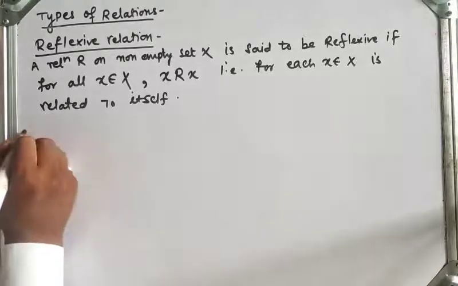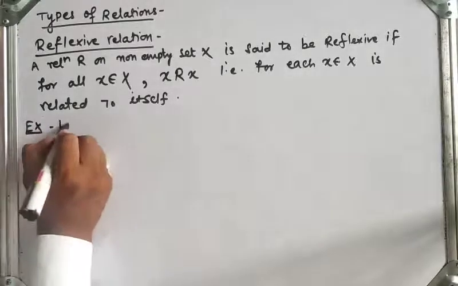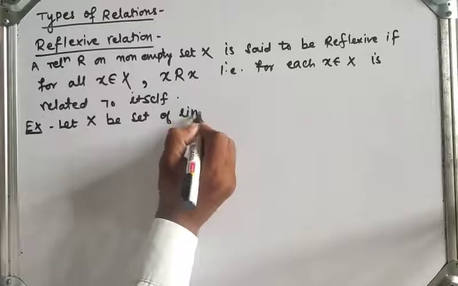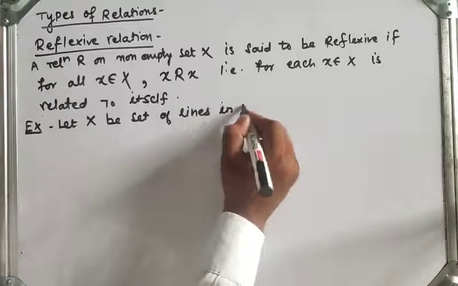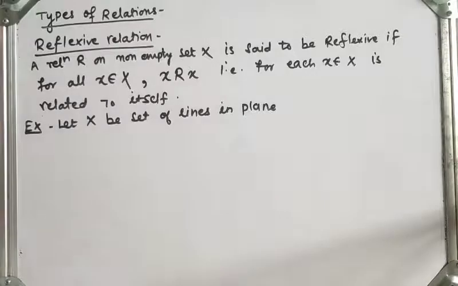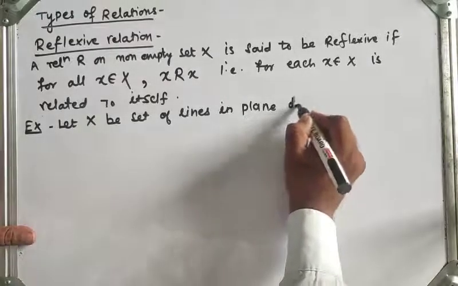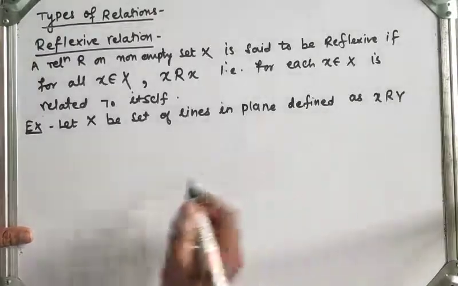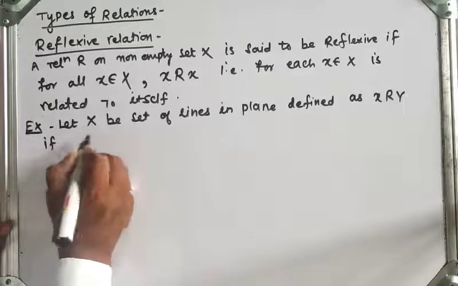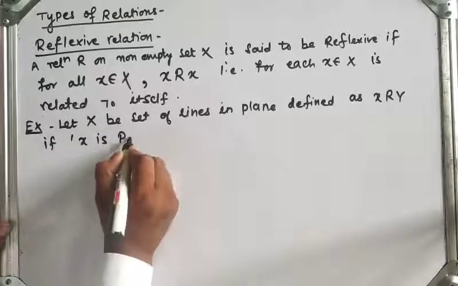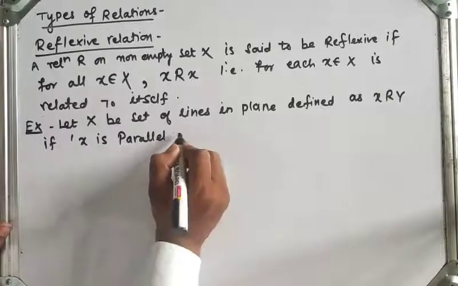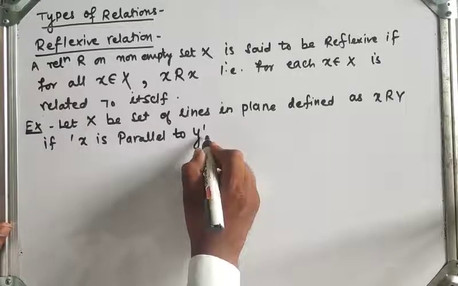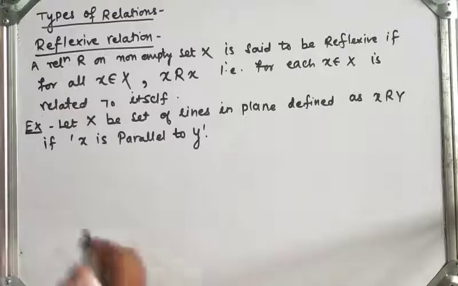Now, for example, let X be the set of lines in a plane defined as x related to y if x is parallel to y. We have to check whether this is a reflexive relation or not.